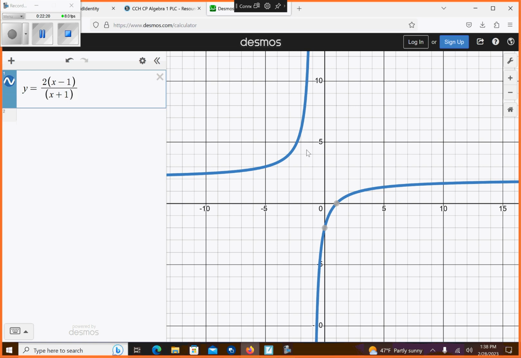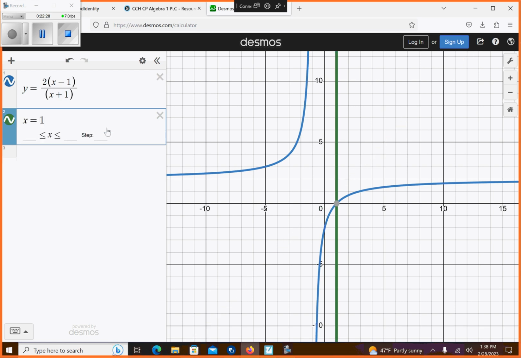So if I get to -1, as I come from the left to the green line, and I come from the right to the green line, what can you tell me about the limit? From the positive, I go to -infinity. If I come from the negative, I go to positive infinity. If I just want the limit at -1, it goes to 2 different locations, so it does not exist.